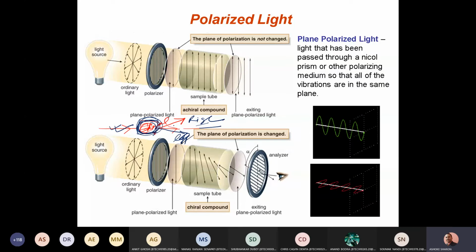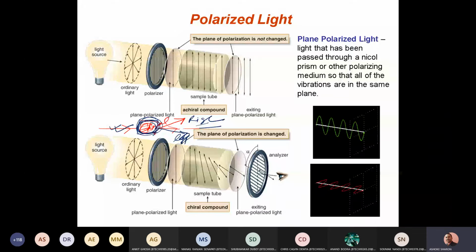That's why we try to understand optical activity and chirality in the same chapter.